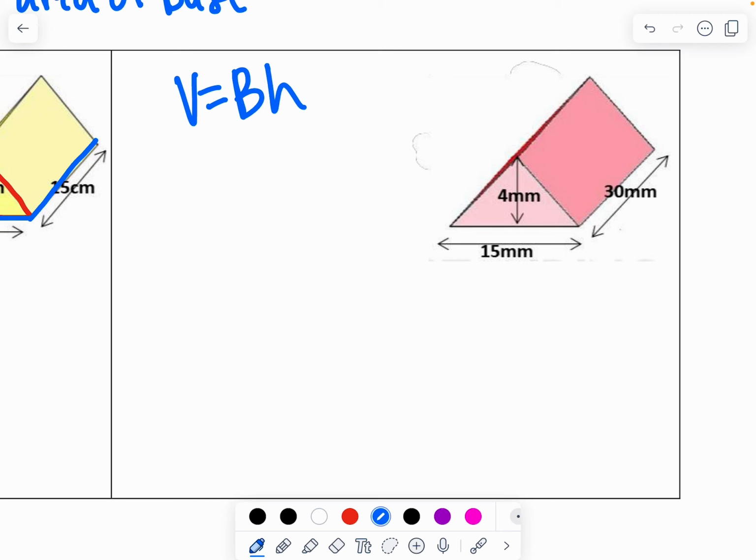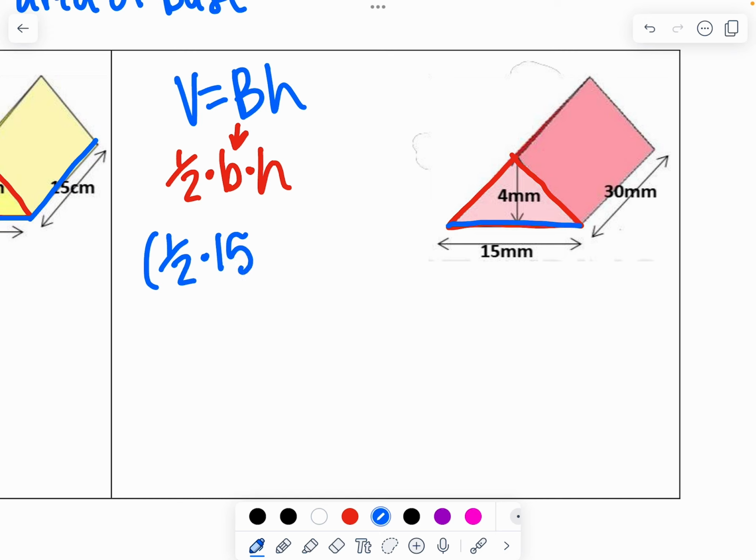Our base is still a triangle, so I know that for the area of the base, I have to do 1/2 times base times height. The base of my triangle is 15, so I'm going to have in parentheses 1/2 times 15, and then the height of my triangle is 4.